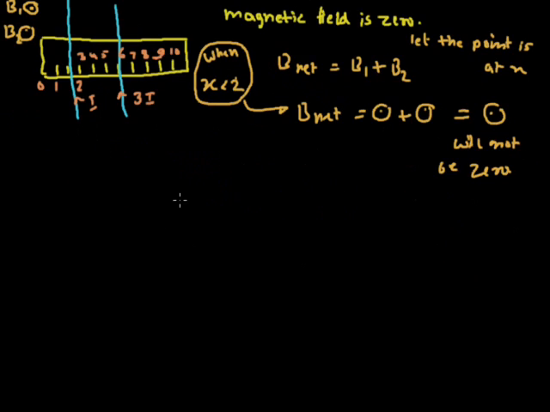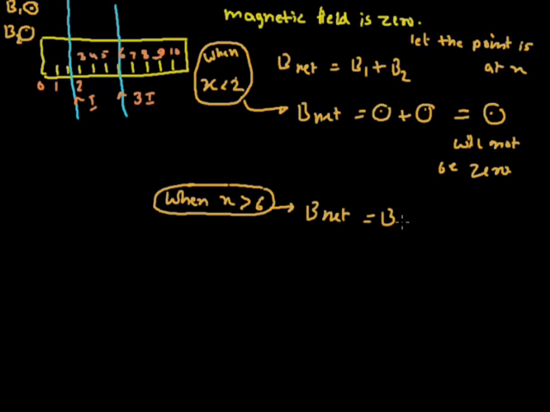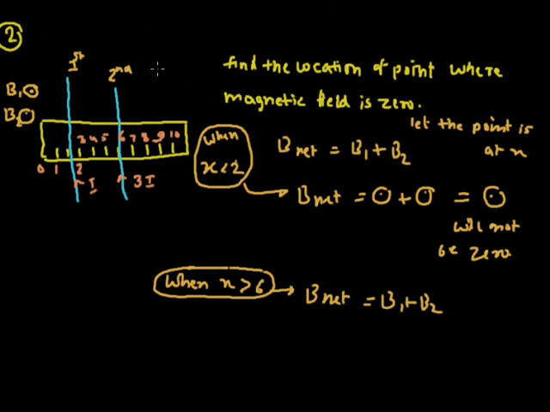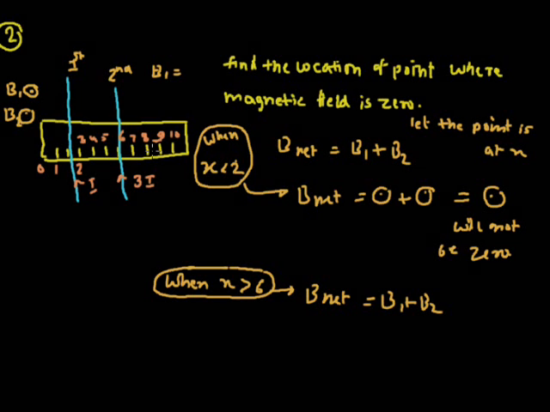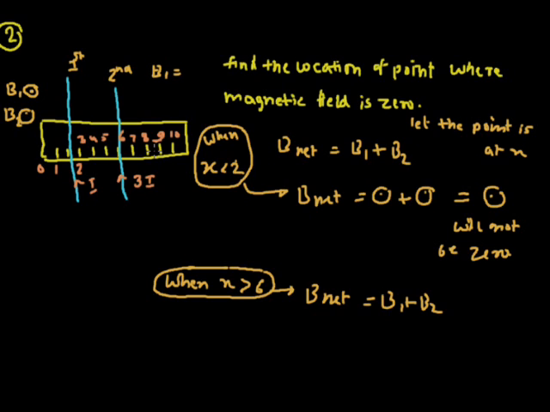Now if we come to when x is greater than 6. Okay, now this is the condition. So in this condition B net will be B1 plus B2. Now considering this side, B1 is due to first wire, the magnetic field after point 6 will be inward, and B2 is also inward.